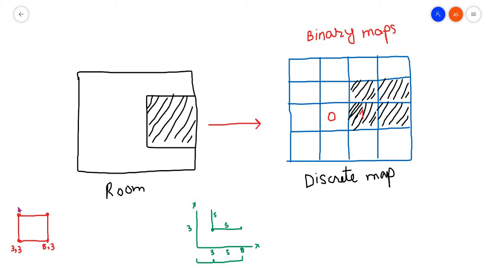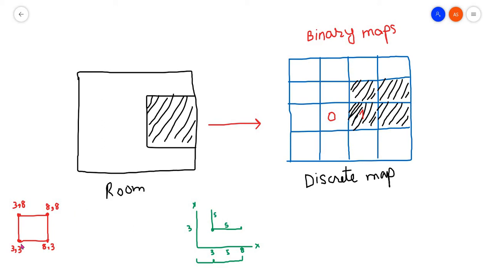For the third point, x-axis was 3, and y-axis was 3 plus 5, 8. And for the fourth point, x-axis is 3 plus 5 equals 8, and similarly y-axis was 8.